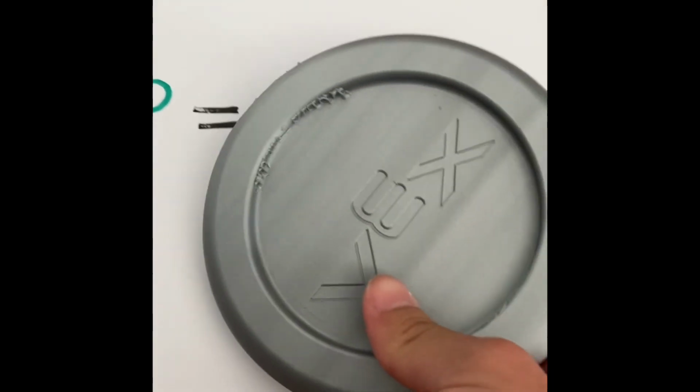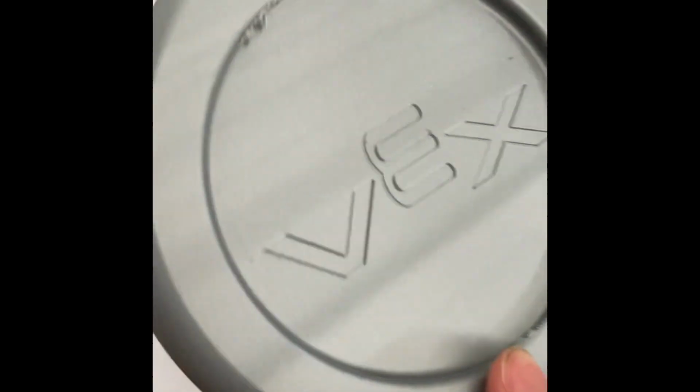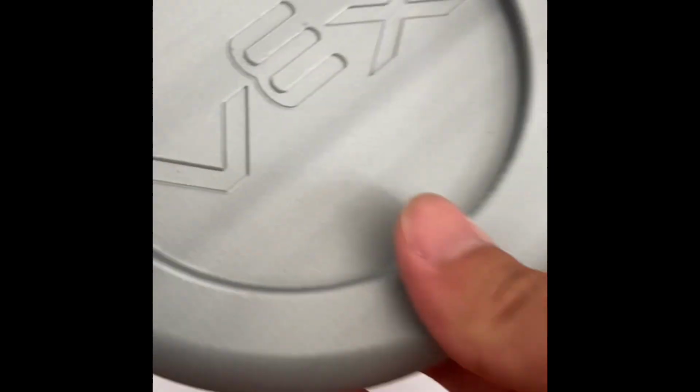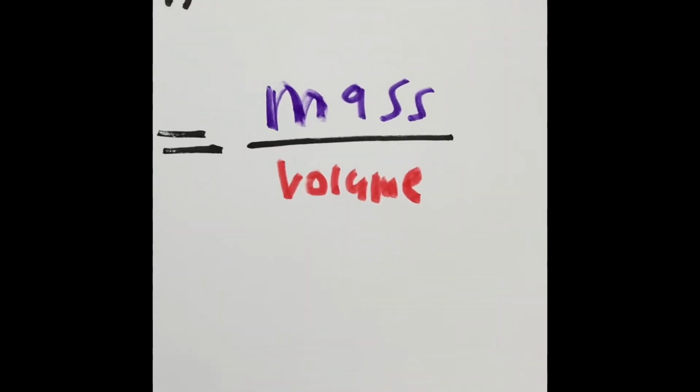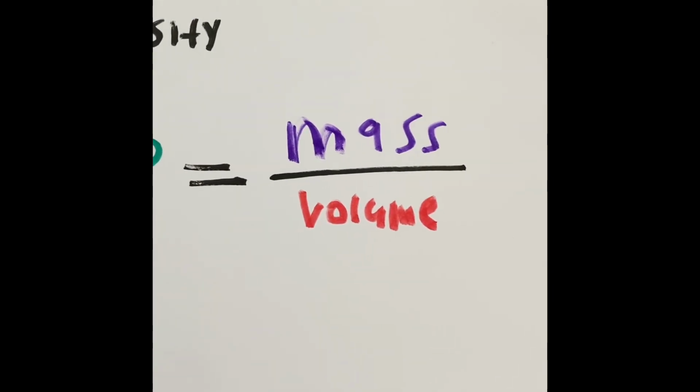Like, here's a 3D printed version of one of the frisbees in one of the Vex games that we play for Vex Robotics. And you can see here that there could be trillions or billions of particles in this thing. That is the mass. And we measure the mass in kilograms in the metric system.